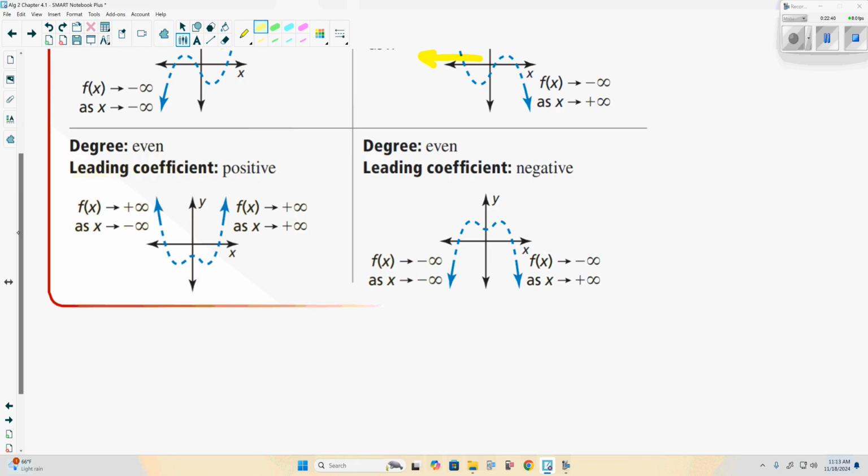And with the leading coefficient being negative, they're both going to go down. So f of x approaches negative infinity as x approaches negative infinity, and f of x approaches negative infinity as x approaches positive infinity. And it's just describing how the function is going to behave eventually.